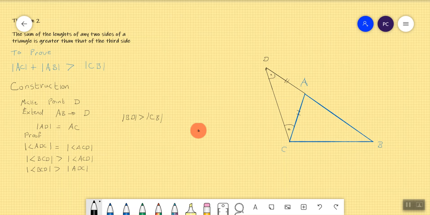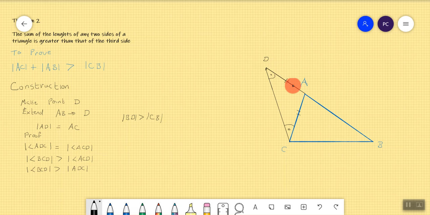And what we can say then is, what's another way that we could write the length B to D? Well, the length B to D is the same as the length B to A plus this length here.